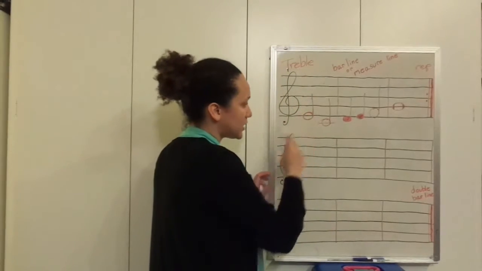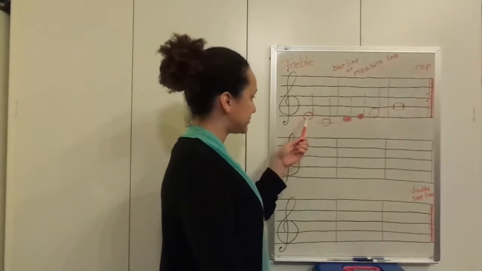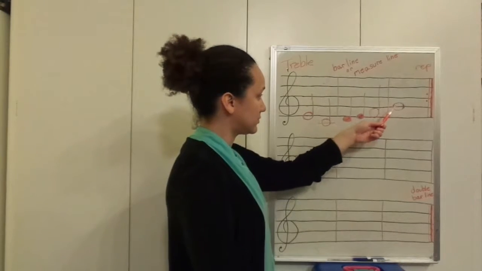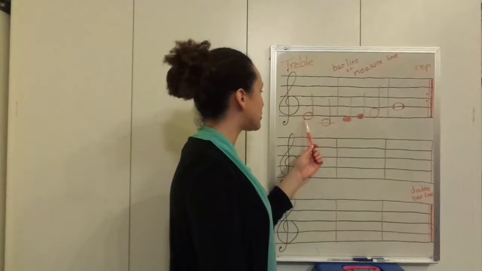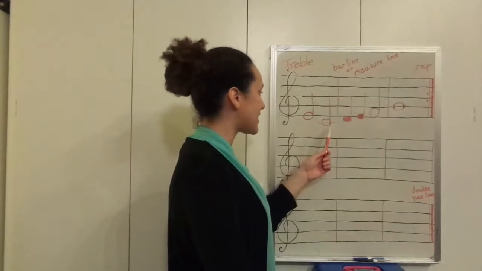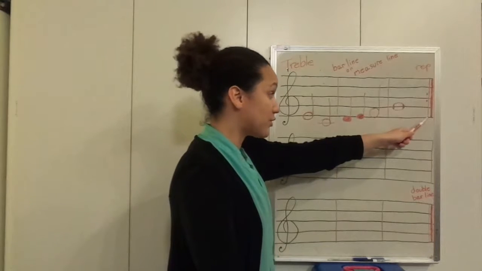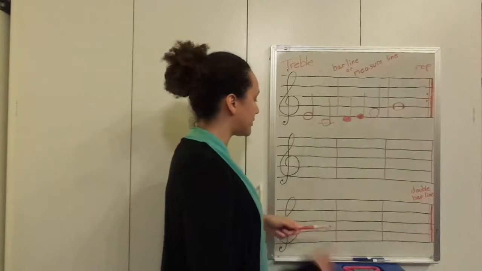So right here you would play, say, and you would go back to the start and play it a second time. And then, because you've already played it, you would continue on.